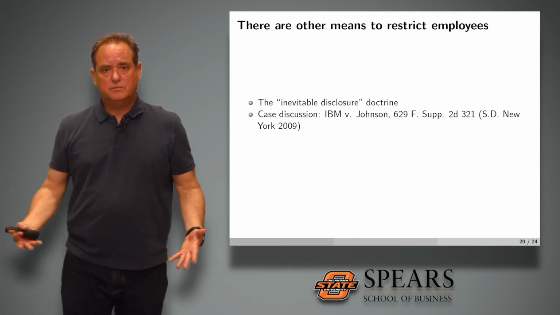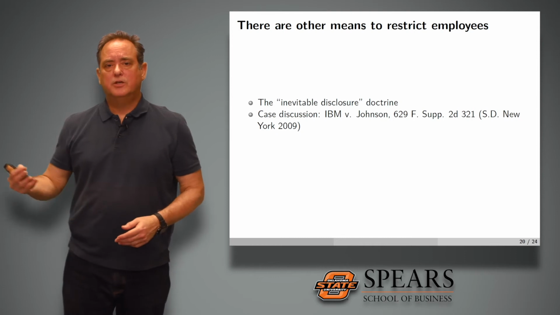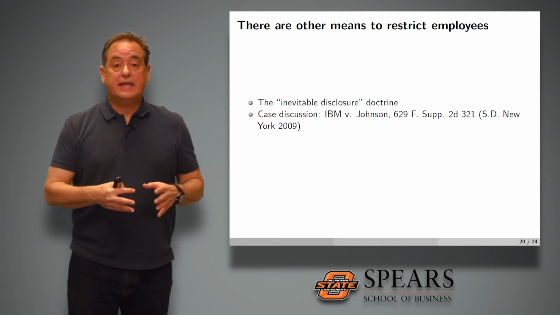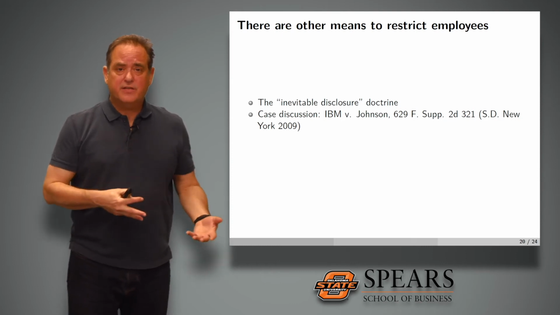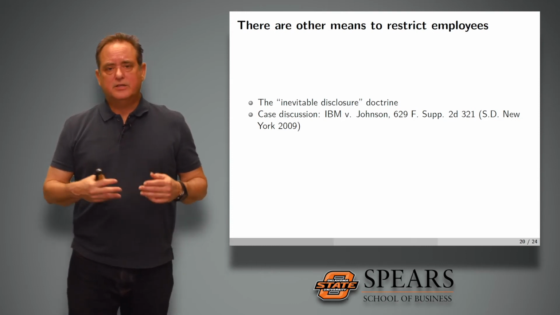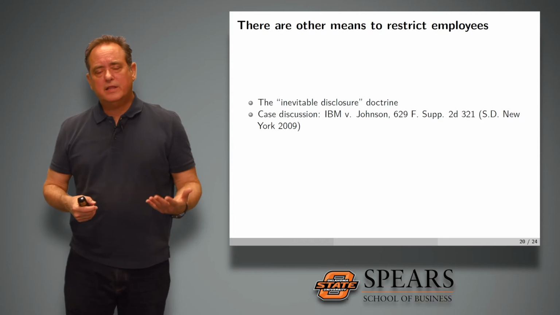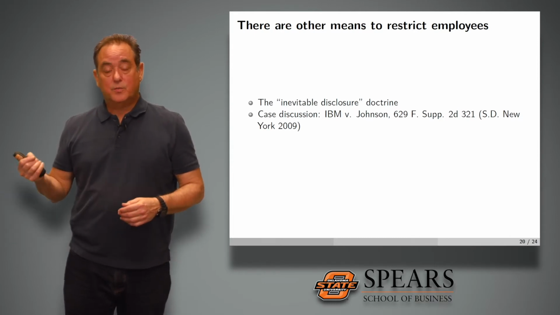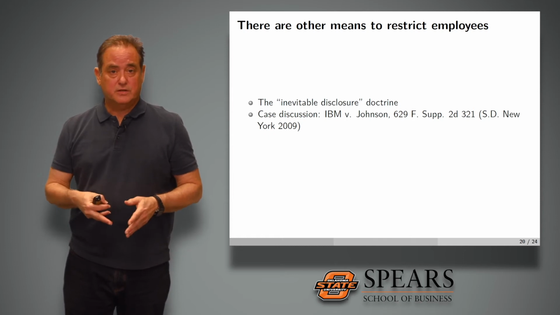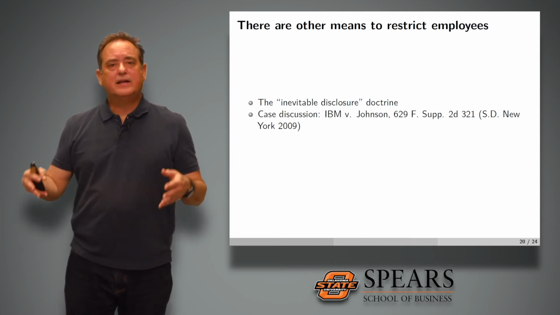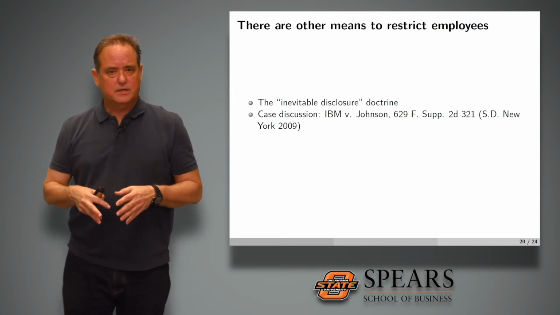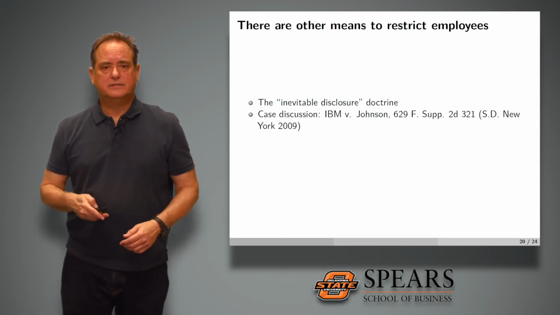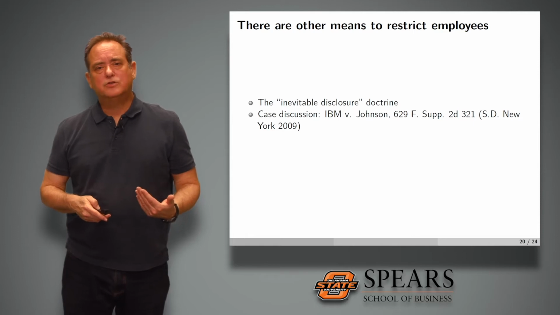It's inevitable. The nature of the job means you're going to reveal that information. And the problem then is that that's unfair competition. And so courts have been willing to restrict employees from working in certain areas for a certain amount of time, and in effect imposing a non-competition agreement after the fact.